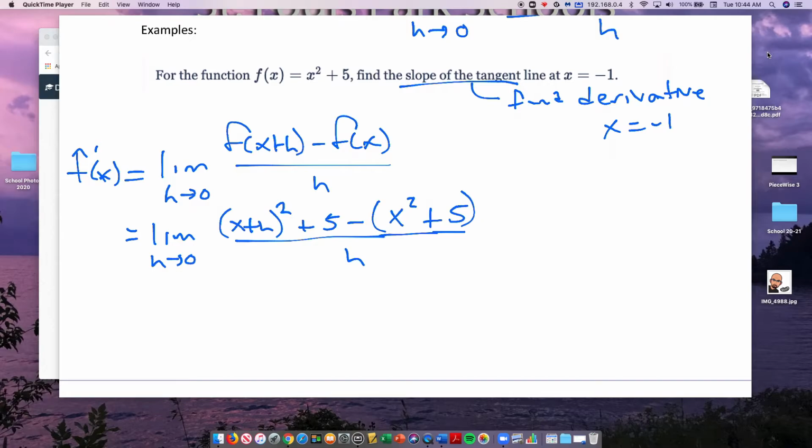Now you might go, well, shoot, that doesn't look any better. Well, just wait a minute. Let's multiply things out and see what happens, and then look at what would happen if we evaluate it.